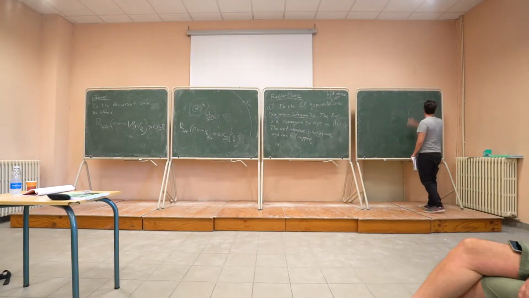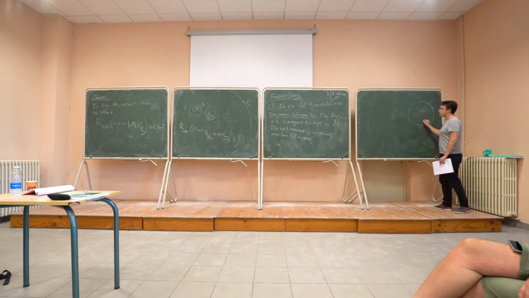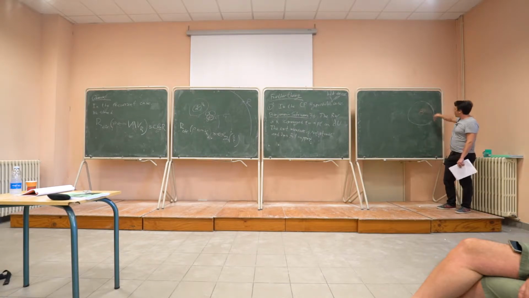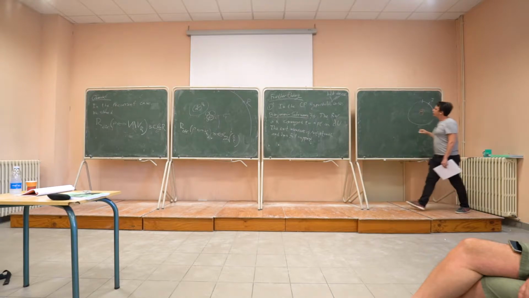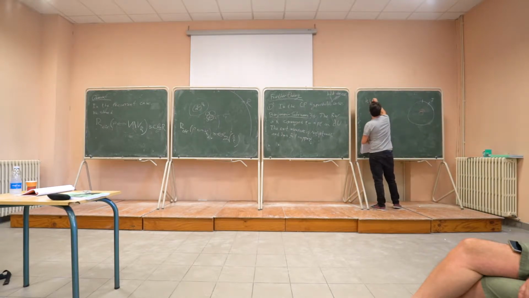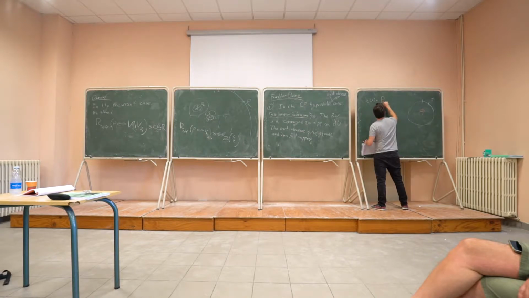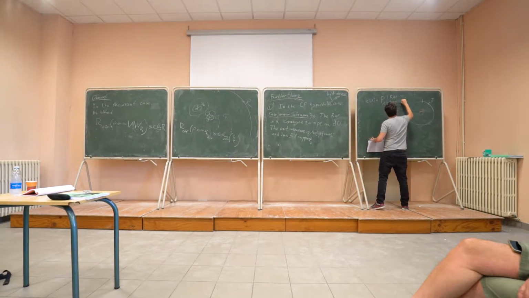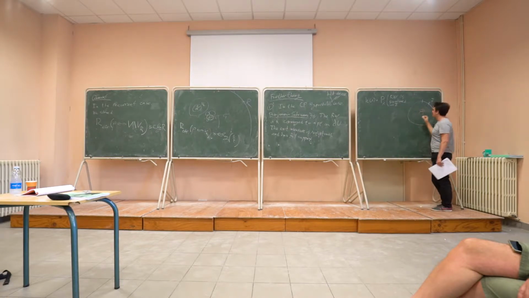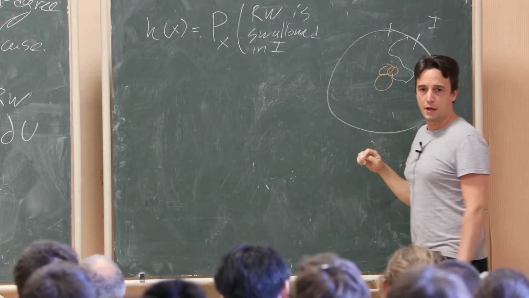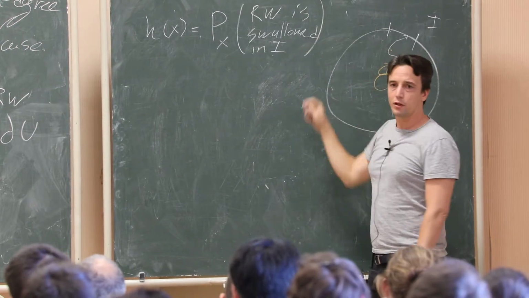Because if you have your circle packing of the graph, packed inside the unit disk, then you can take any interval I on the unit circle, and your harmonic function could be h of x, the probability starting from x that the random walker exits at I. Right, that the point that it converges to is somewhere in I. And this is an honest-to-God harmonic function.